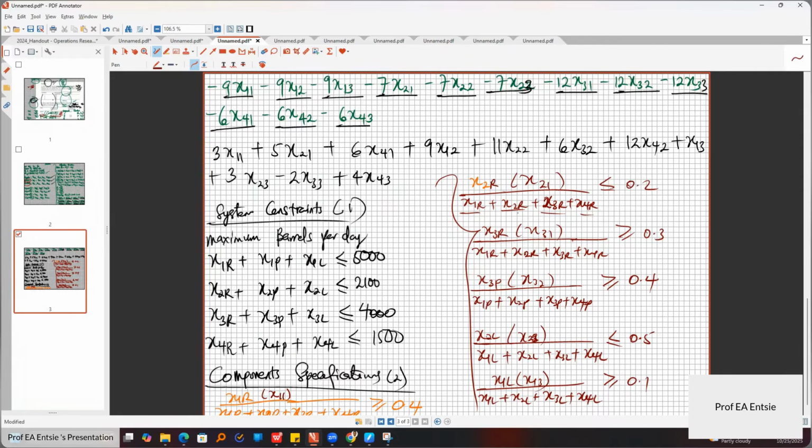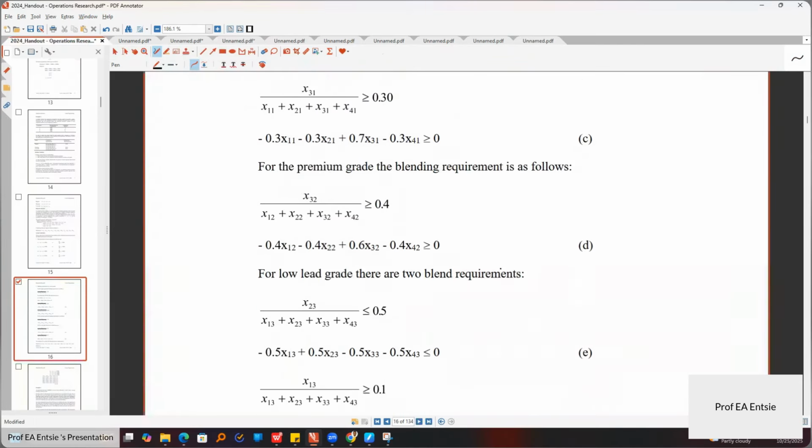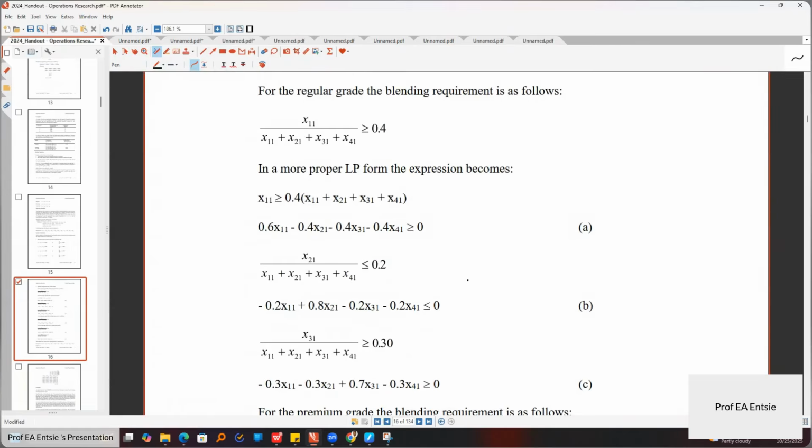So x11 and x1r are the same. You can see it from here, x1r, x11. Can you see that? Then what I said, this one can be the same as x1r plus x2r, because r is 1, which is regular, plus x3r plus x4r.